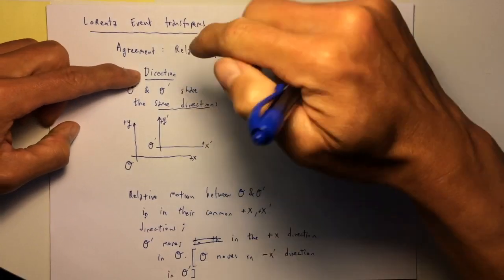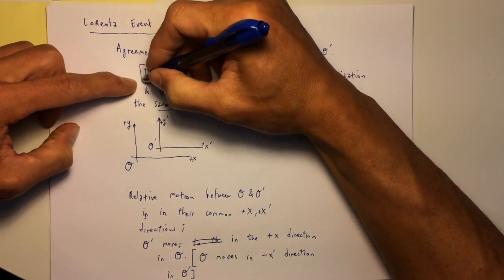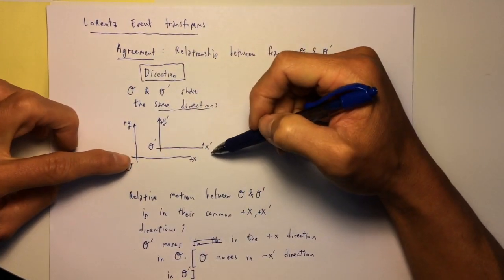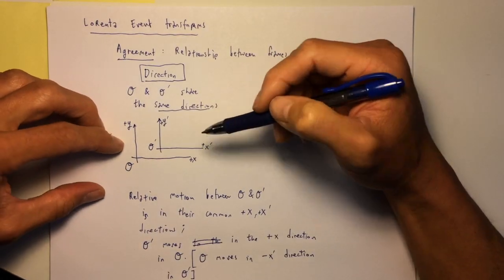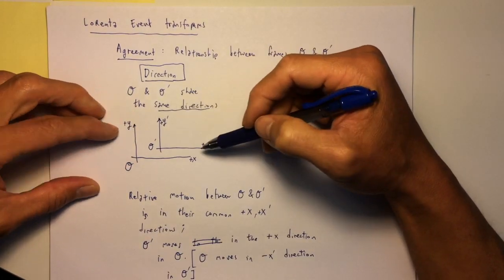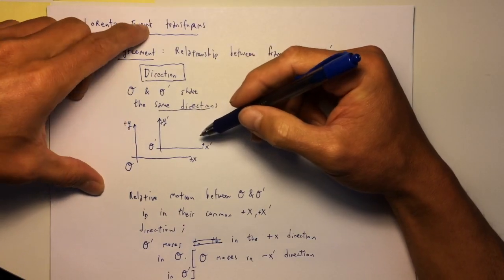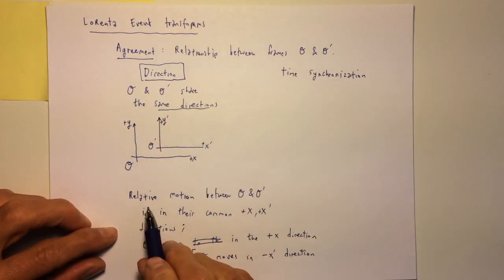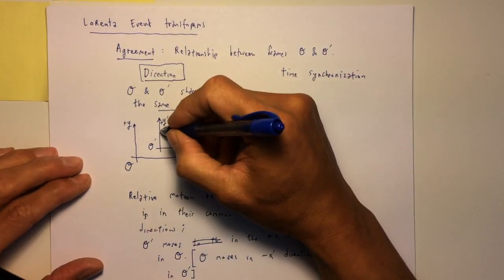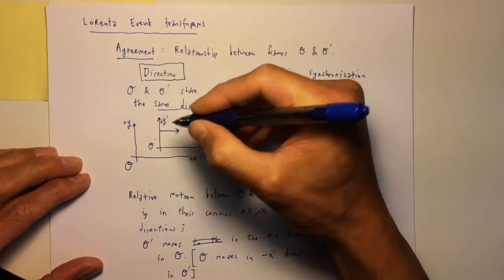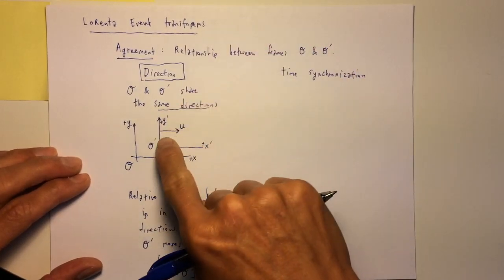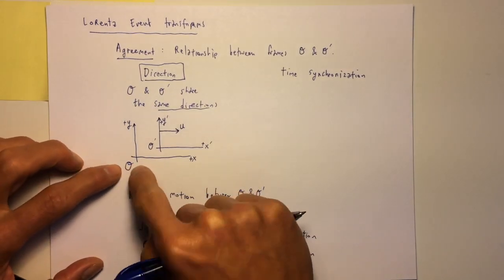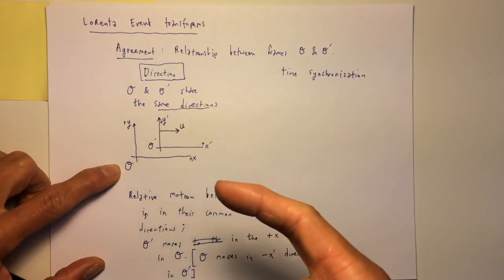But we have a couple of directional agreements. O and O prime, they just simply share their directions. Of course, they didn't have to, but it turns out it's easier to start this way. It's simpler. The Lorentz event transforms are simpler. Also, the relative motion is such that the O prime frame is moving towards the right relative to O. Or you might say that the O frame is moving towards the left relative to O prime.